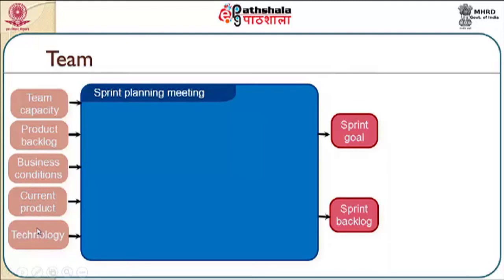Then we conduct the sprint planning meeting. Once it is over, we deliver a sprint goal and a sprint backlog, which clearly mentions how this differs from the regular or traditional work that is currently available as an application.